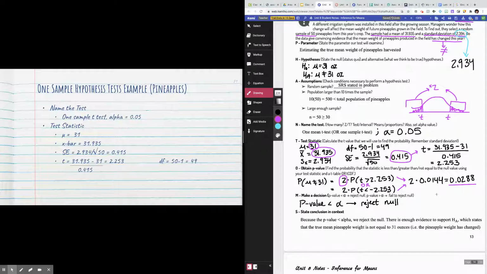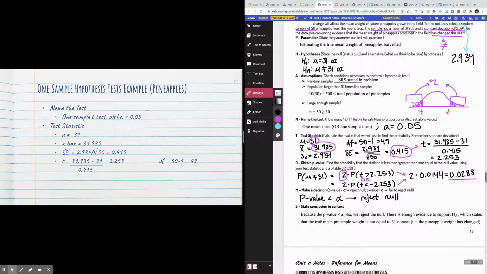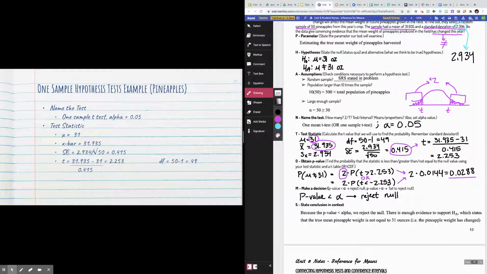Okay, since this p-value is less than my alpha value, I'm going to reject my null. Okay? And then I'm going to state my conclusion in context. So because my p-value is less than alpha, we reject the null. We would say there is enough evidence to support the alternative hypothesis, HA, which states that the true mean pineapple weight, which is what your parameter is up here, that's why I make you write the parameter at the start, okay, so true mean pineapple weight is not equal to 31 ounces.